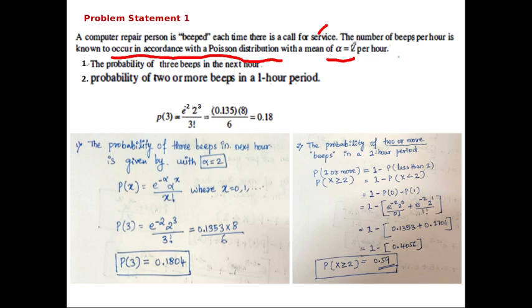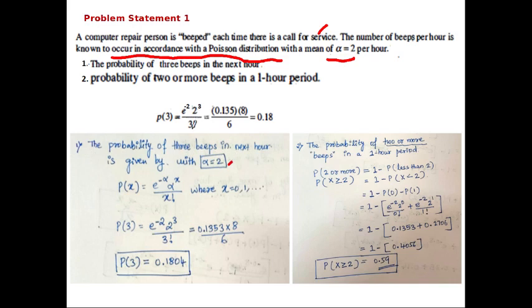Here they have given the average number of beeps occurring in the system, that is 2 per hour. We need to find the probability of 3 beeps in the next hour, where alpha equals 2.